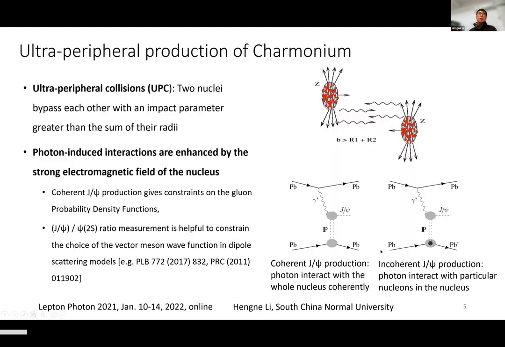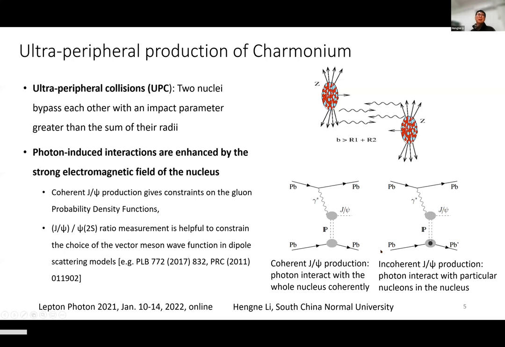All right, so the first analysis, we call it ultra-peripheral collisions. So basically, the two nuclei are not really connected with each other. They just bypass each other without colliding. But in fact, there's photon-induced interaction.